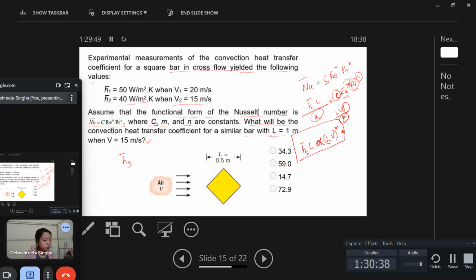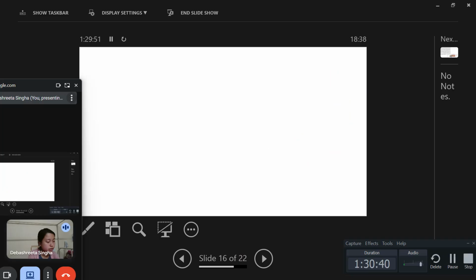So H1 L1 divided by H2 L2 is equal to (L1 V1 divided by L2 V2) to the power m.